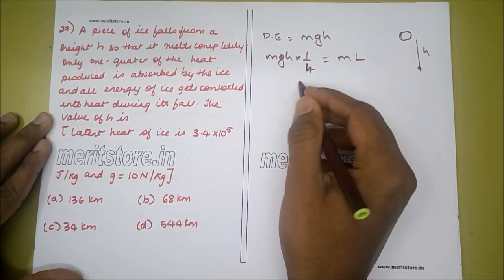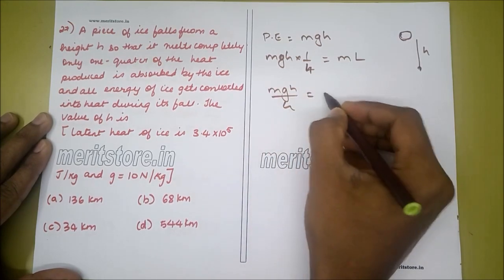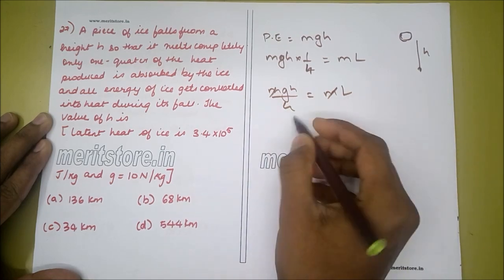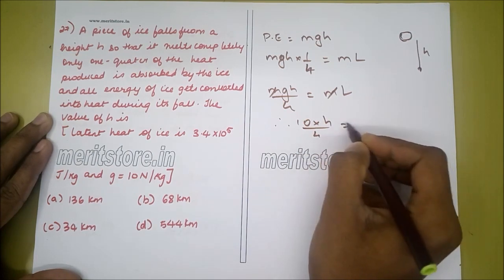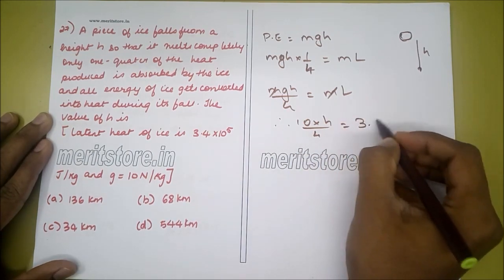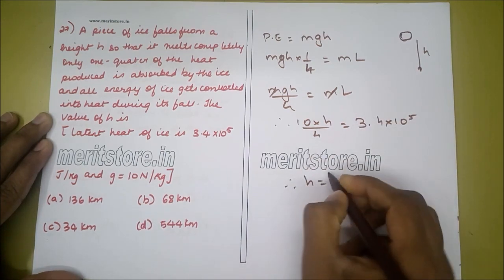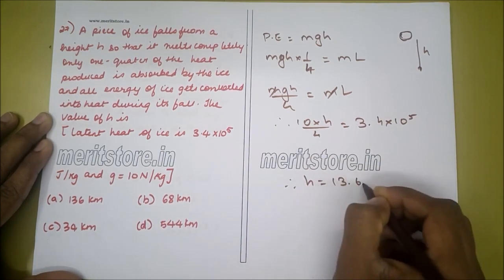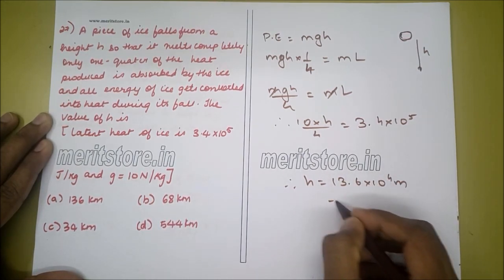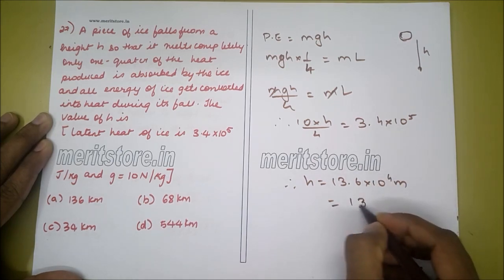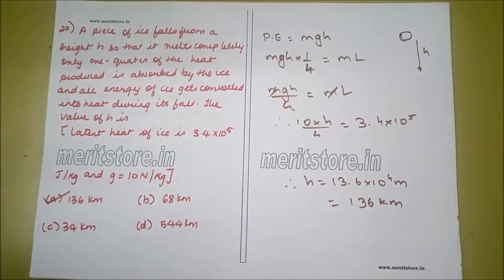So we get mgh upon 4 is equal to m times L. So g is 10, into h upon 4 is equal to the latent heat of ice, 3.4 into 10 raised to 5. The value of h comes to 13.6 into 10 raised to 4 meters. So this is nothing but 136 kilometers. Hence option A is the correct answer.